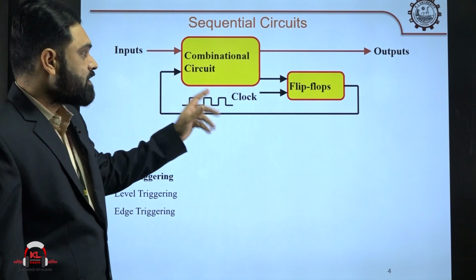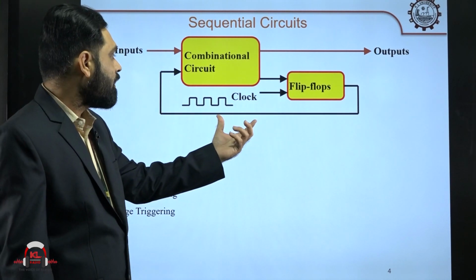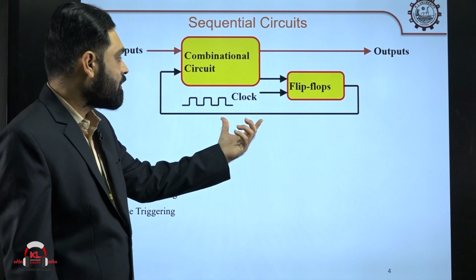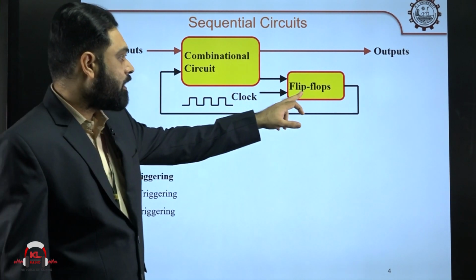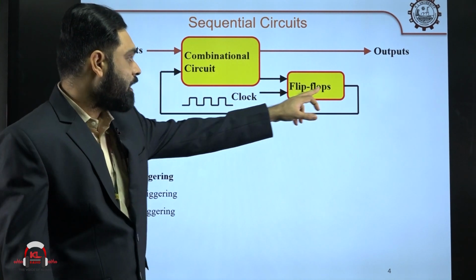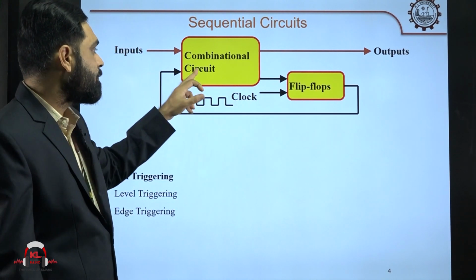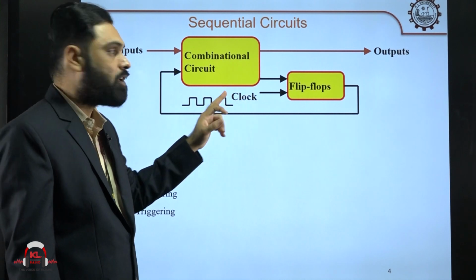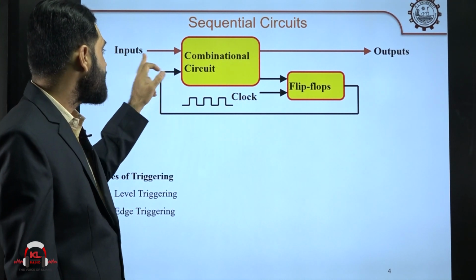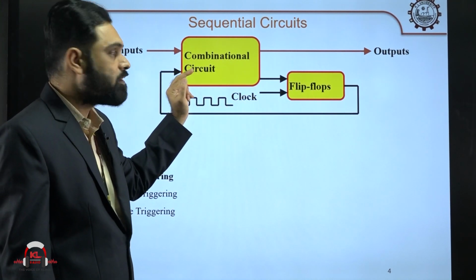If you look at the sequential logic circuit overview, a combinational logic circuit will be there, a flip-flop will be there, and a feedback to the combinational logic circuit also will be there. Altogether these kinds of circuits we call sequential logic circuits, which have input to the combinational logic circuit.